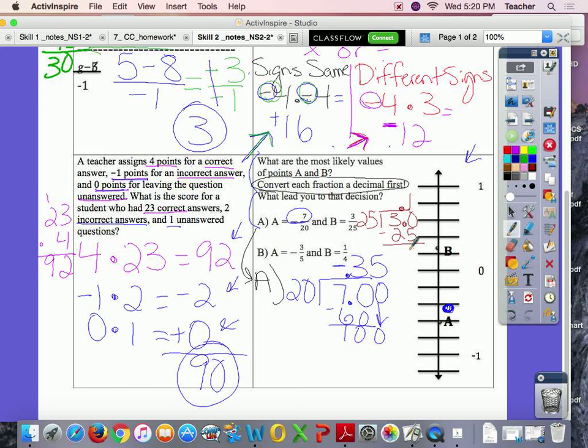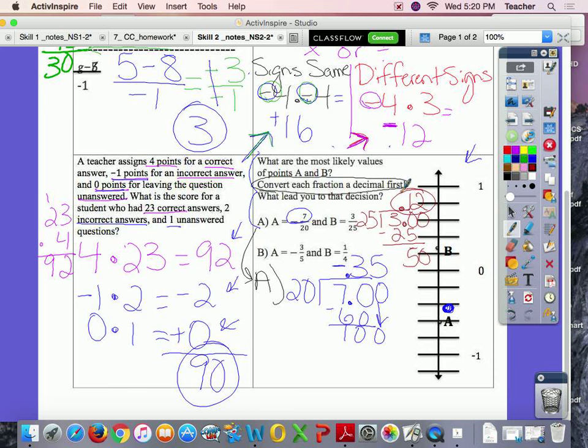We have 5 remaining. Bring down a 0. 25 goes into 50 2 times. Do we need to keep going? No? Why not? Because we know that this is going to get us exactly to 50. Good. So then this answer is going to be 12 hundredths.